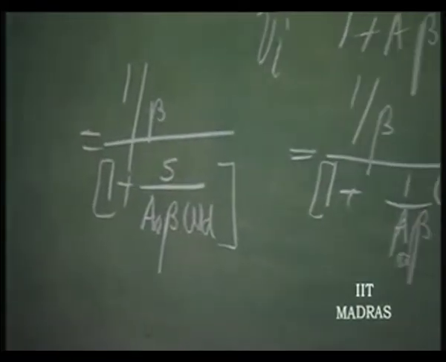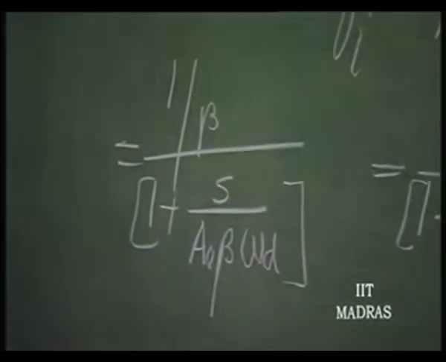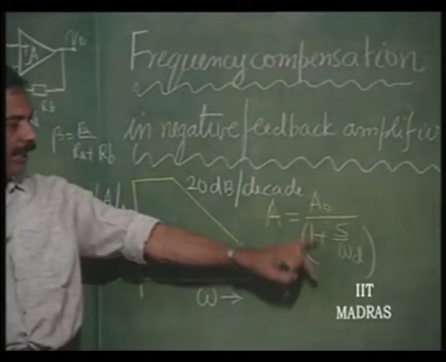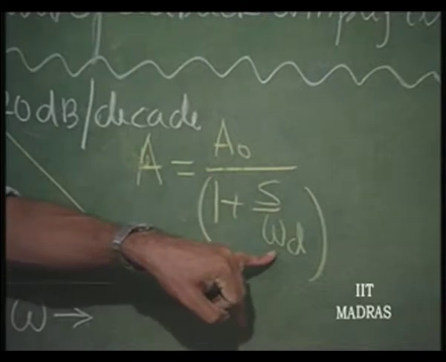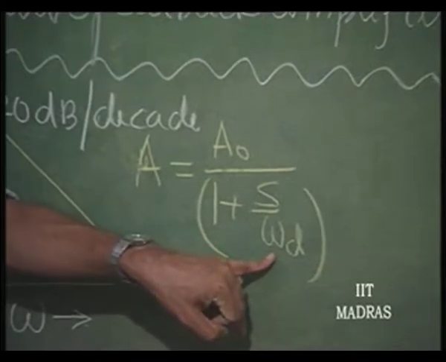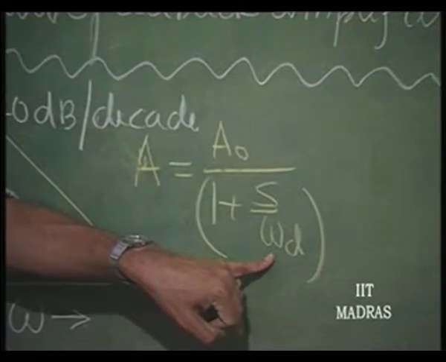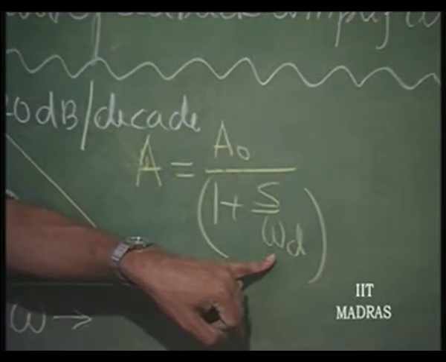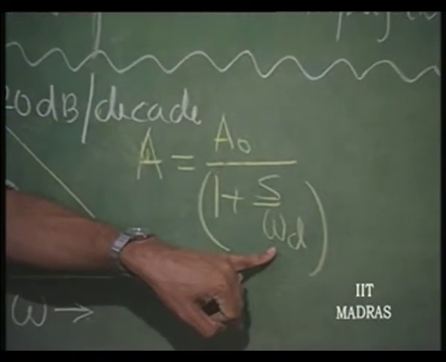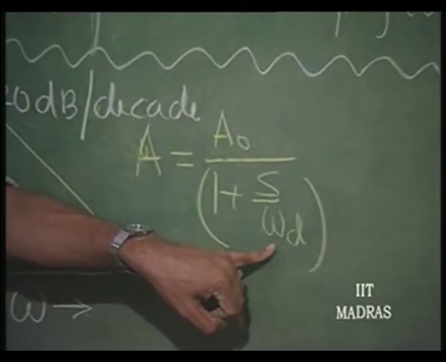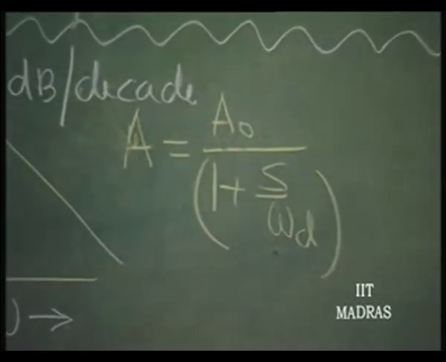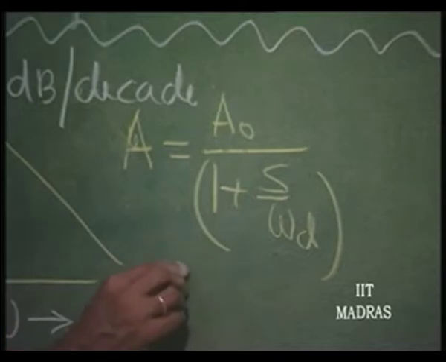Let us consider that we started with an amplifier whose gain was A naught, and this is called the bandwidth. Omega d is then the bandwidth, the point at which the gain falls to 1 over root 2 times the maximum, also called the minus 3 dB point. So, this is the bandwidth.